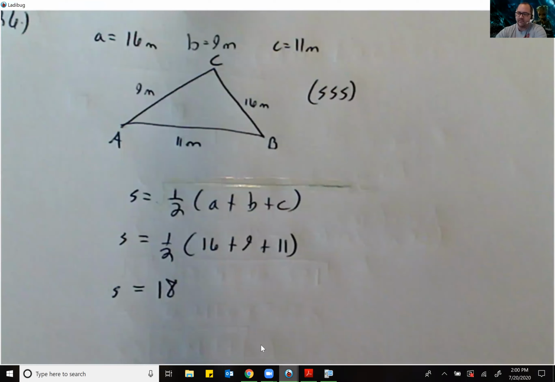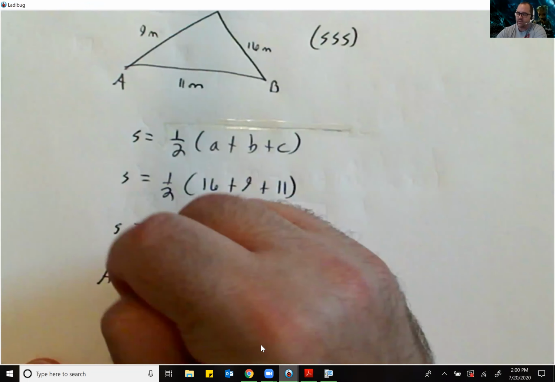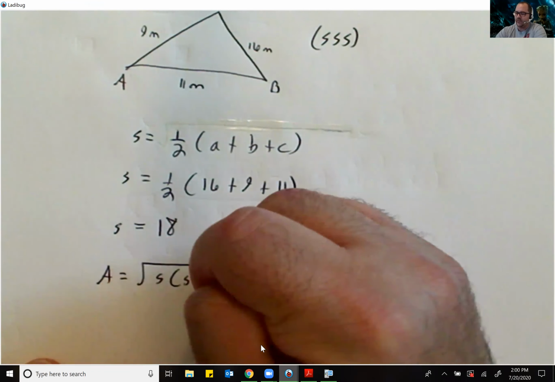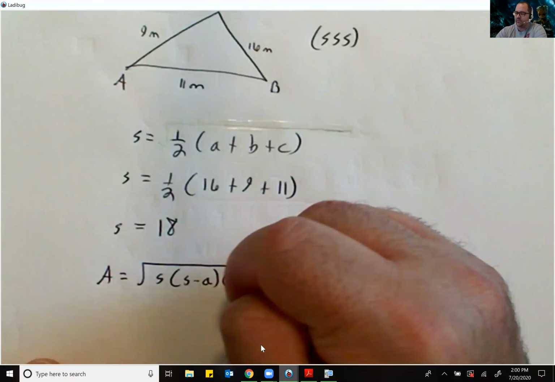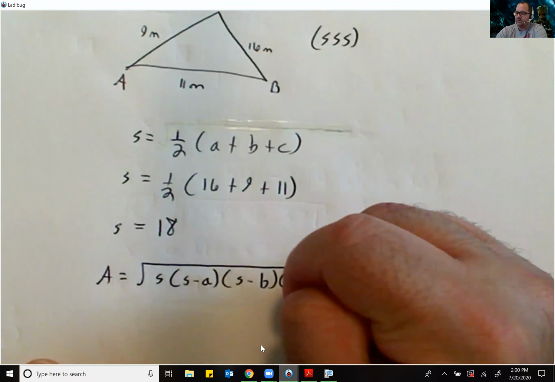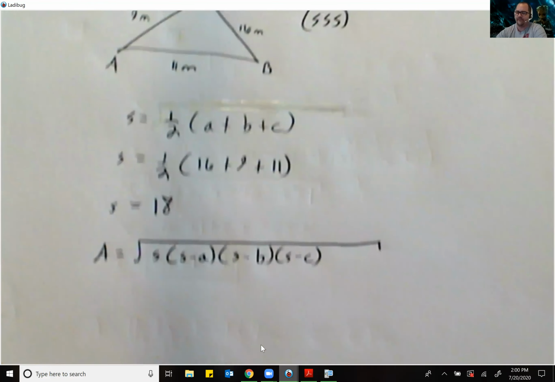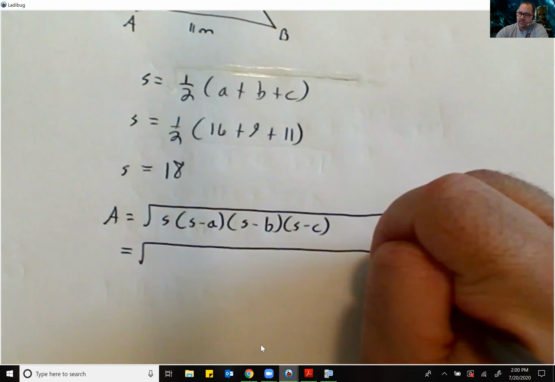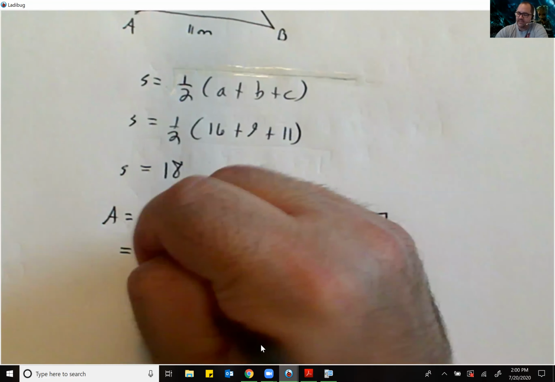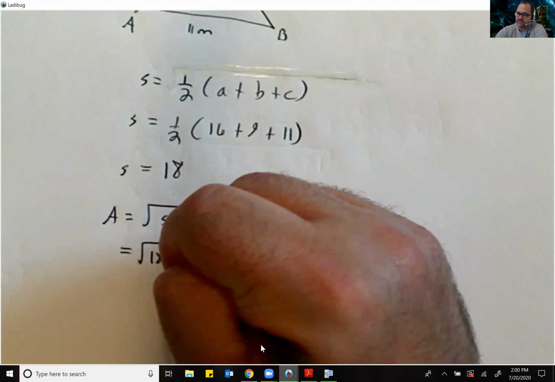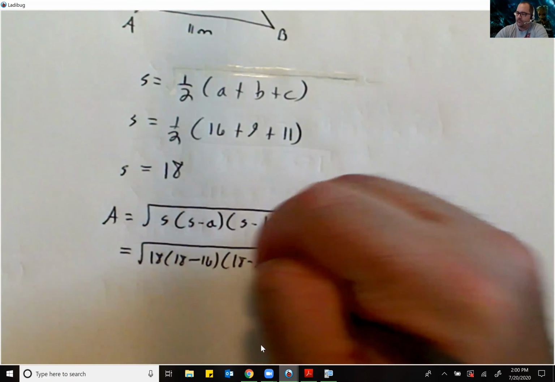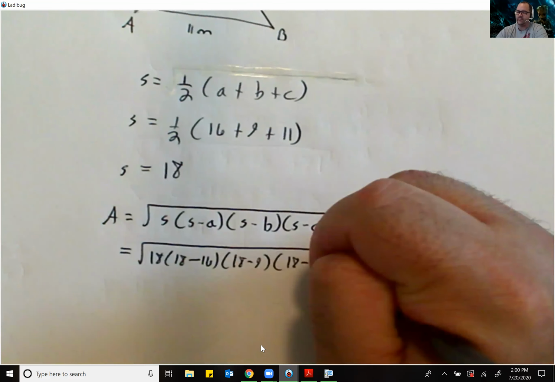So area is equal to the square root of S parenthesis S minus A parenthesis S minus B parenthesis S minus C parenthesis. So plug in 18 parenthesis 18 minus 16 parenthesis 18 minus 9 parenthesis 18 minus 11 parenthesis.